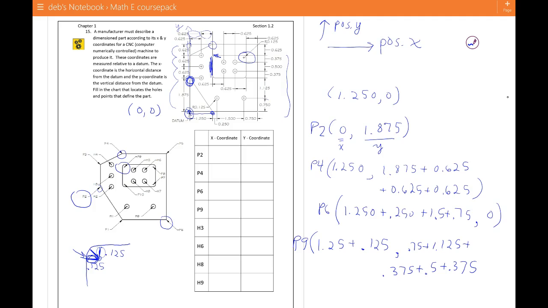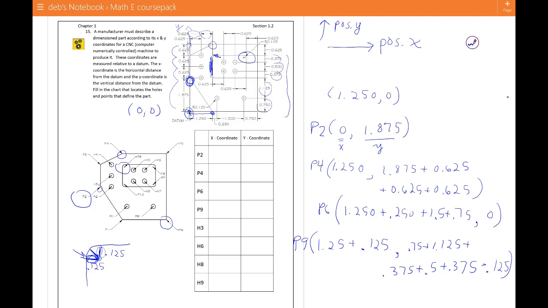So this is 0.75, 1.125, 0.375, 0.5, and 0.375 gets me to the top, and then I need to subtract the 0.125 for this radius of this curved part. So that's probably the trickiest one.